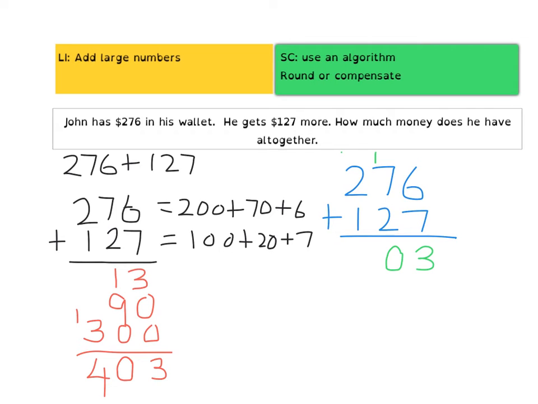Then I add the 100 to the hundreds. 100 plus 200 is 300, plus 100 more is 403. Both recording methods are fine. We'll do another one.